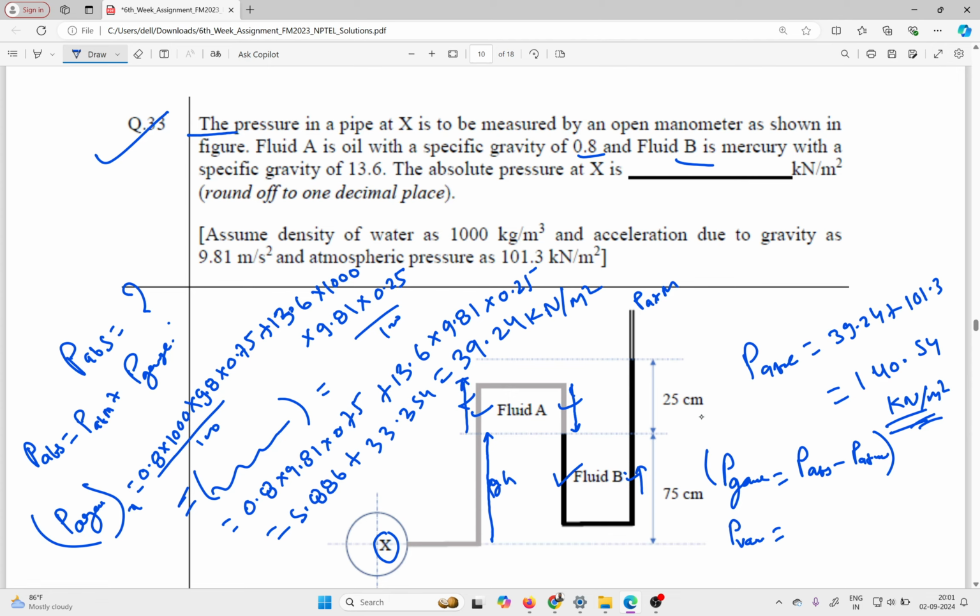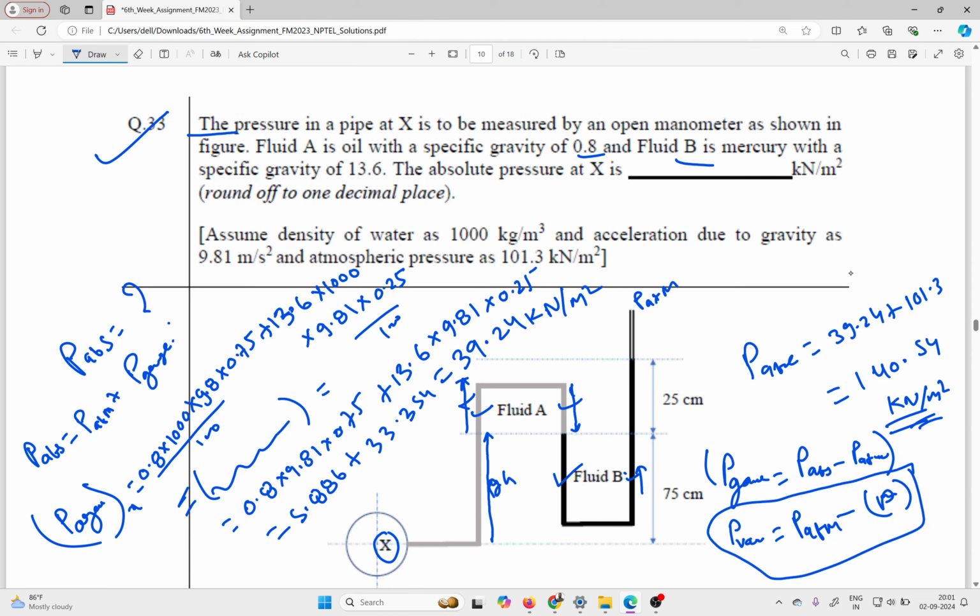So vacuum pressure is nothing but the pressure you have measured at a particular point, like P atmospheric minus whatever pressure you measure here, let's suppose P. This will give you vacuum pressure.